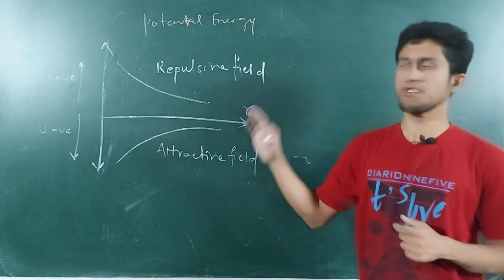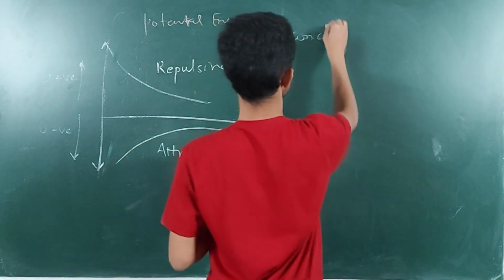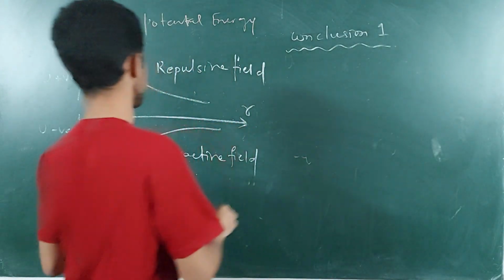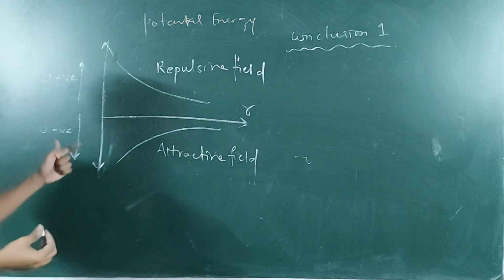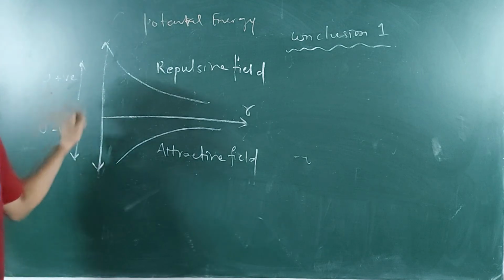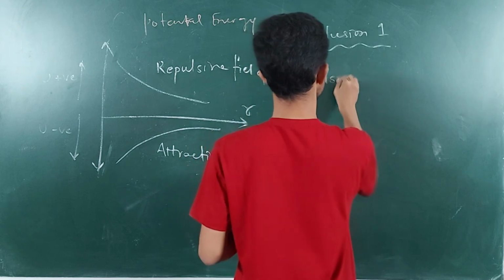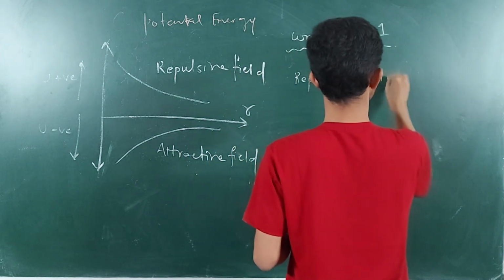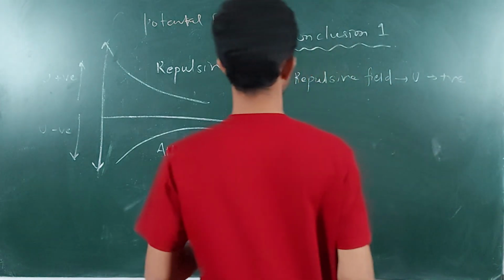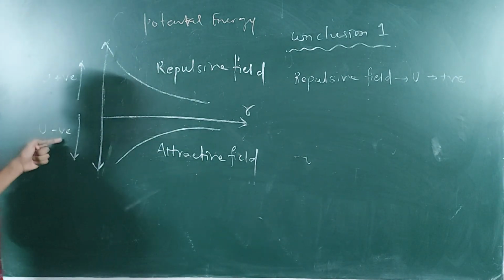So what conclusions can we draw upon this graph? The first conclusion is that when there is a repulsive field, your U, or potential energy, is going to be positive. When there is an attractive field, the potential energy will be negative.